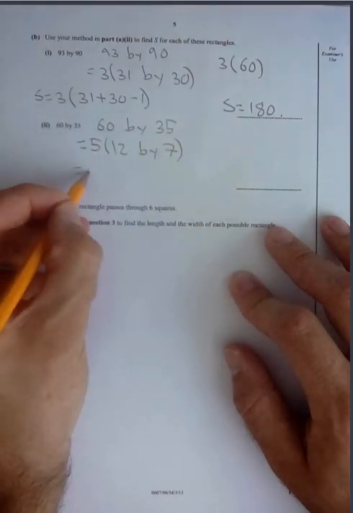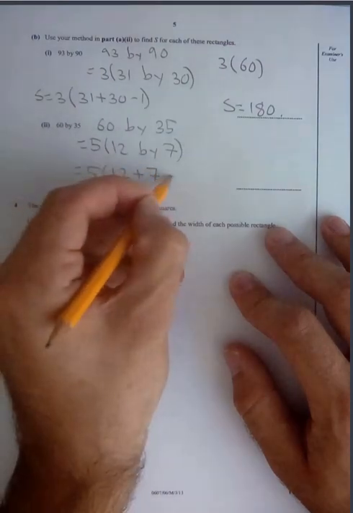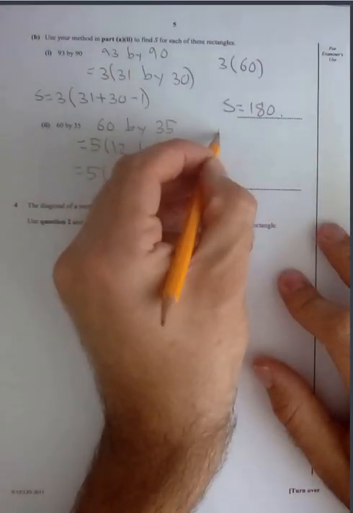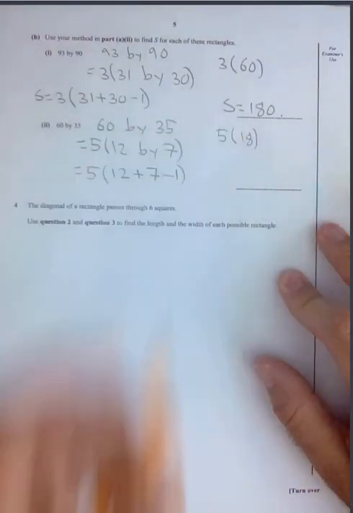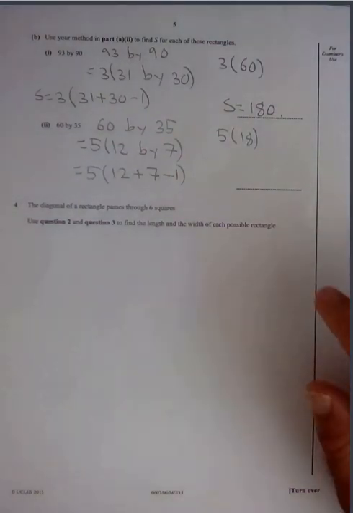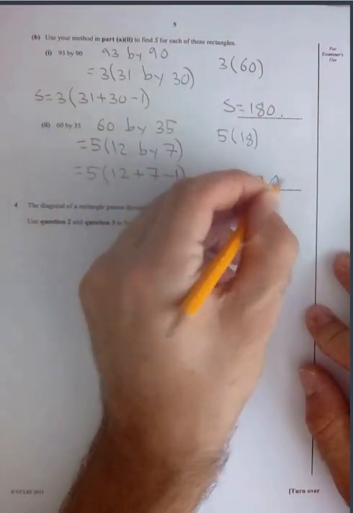So it's going to be 5 times 12 plus 7 minus 1. 12 plus 7 is 19. 19 minus 1 is 18. 5 times 18. If you want to times something by 5, you can times by 10 and then half it. 5 times 10 is 180. 180 divided by 2 is 90. S equals 90 for that.